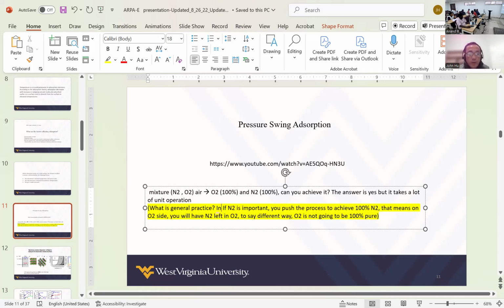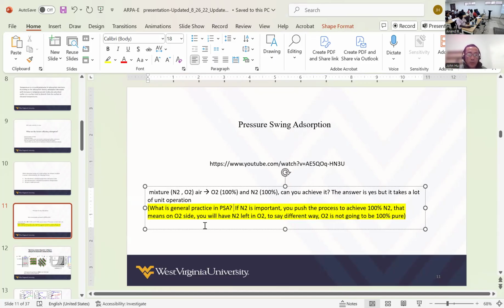So if nitrogen is important for you, you push the process to achieve 100% nitrogen. That means the nitrogen stream is 100%, but you have to sacrifice, and N2 is left over on the O2 side.